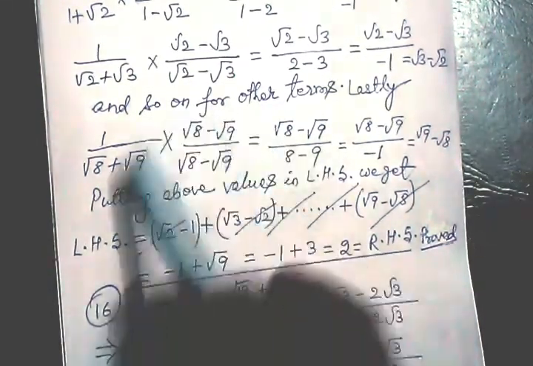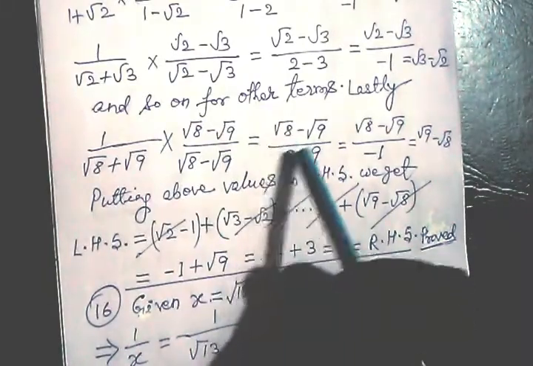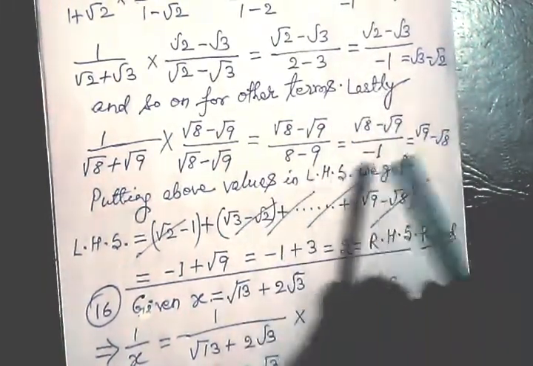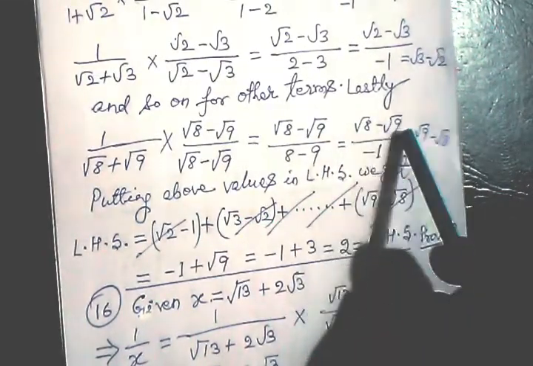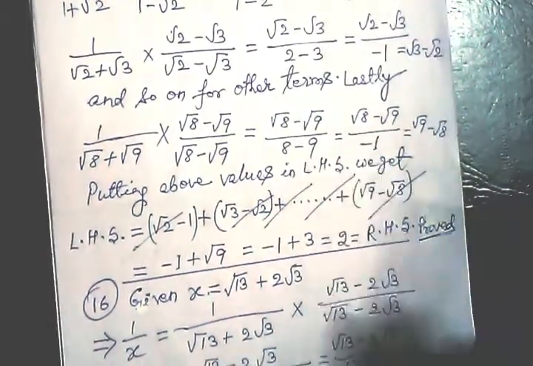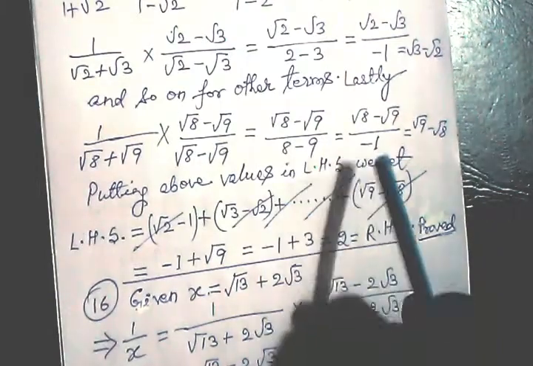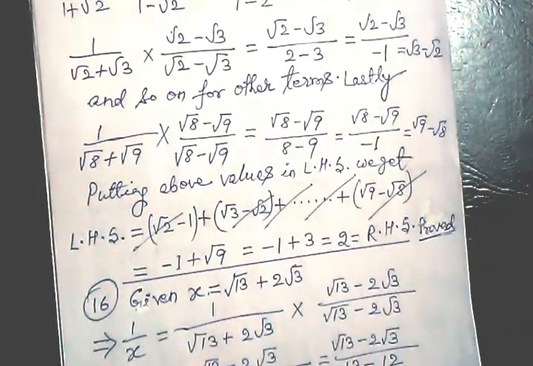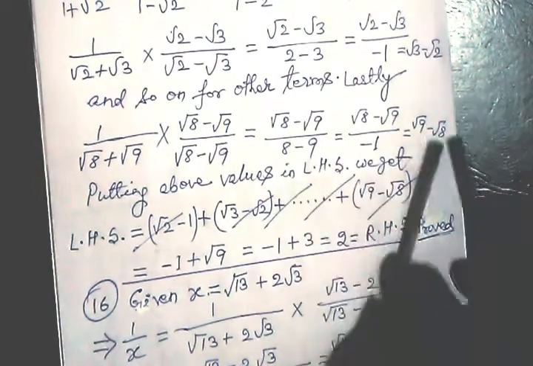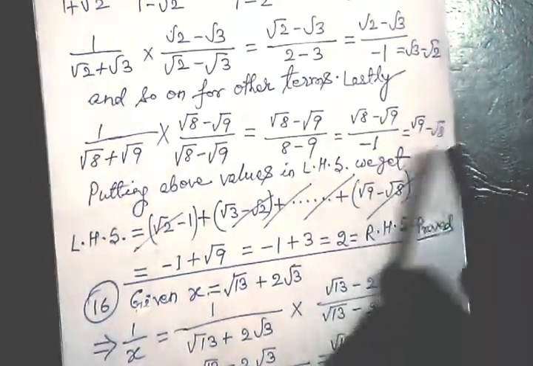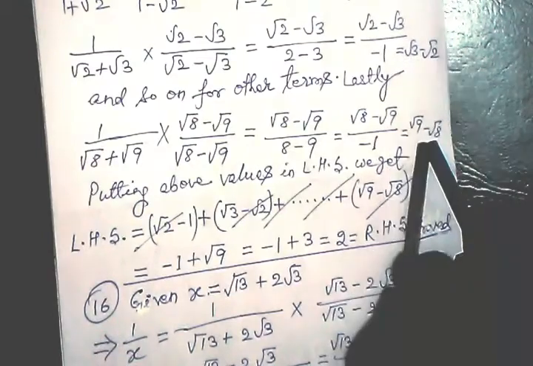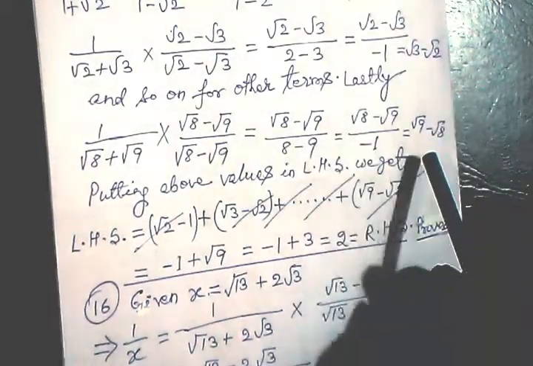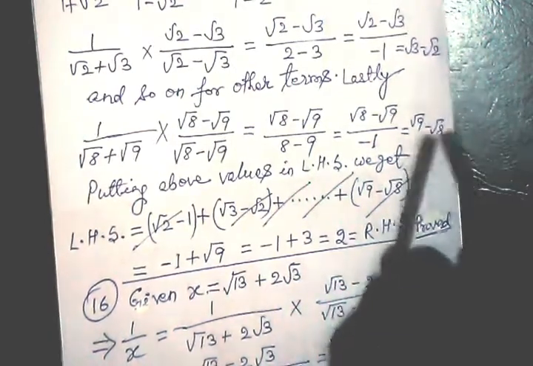After multiplication you will get root 8 minus root 9 upon 8 minus 9. So this will further give you root 8 minus root 9 upon minus 1. Shifting this minus 1 from the denominator to the numerator, we just have to change the sign. So it is root 9 minus root 8.